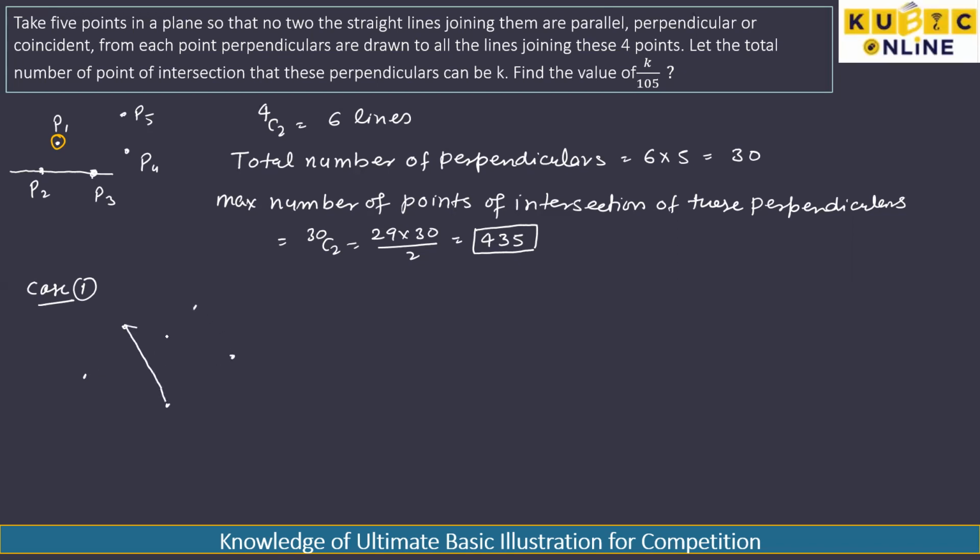Now we have to define this triangle, and this is P1, P2, P3, P4 and P5. So we have to get the altitudes. Altitudes are concurrent, so we get the point of intersection of altitudes. We are actually getting 3 points of intersection, but due to concurrency we get only 1 point of intersection.